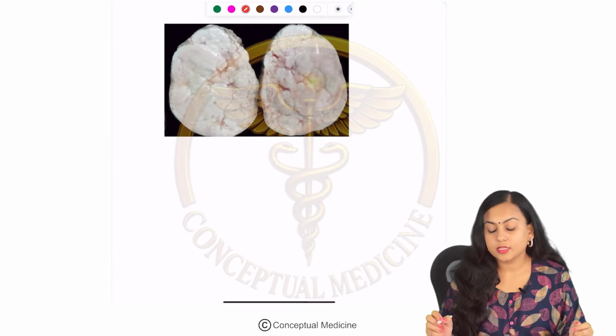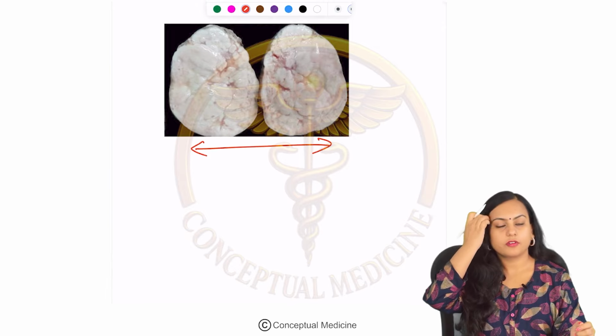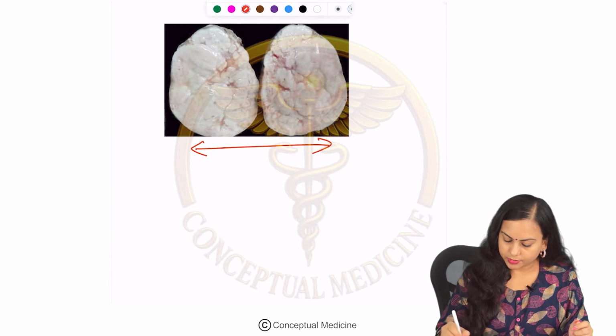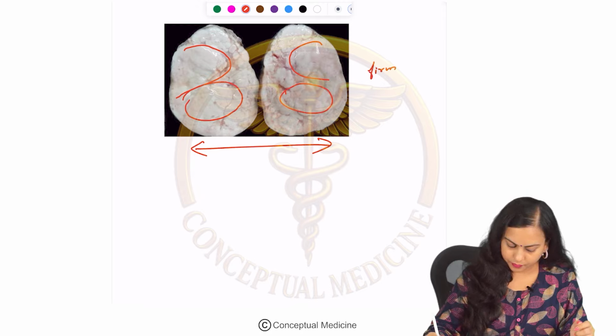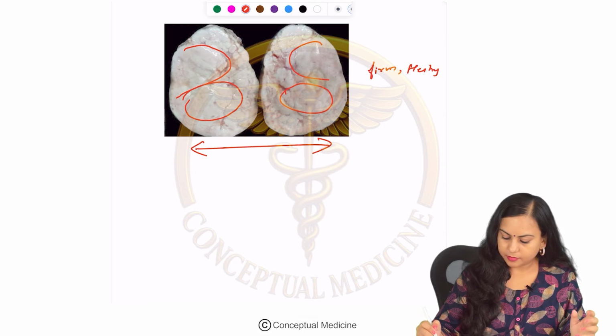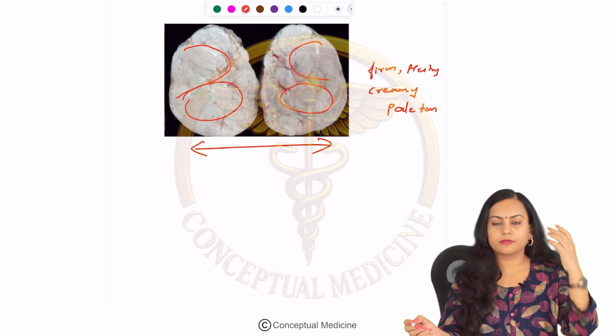Well, now let's see this one. You are able to see a cut section of a tumor, and this is basically a lobulated one. You are able to see a firm, fleshy, somewhat creamy or pale tan colored specimen, right?